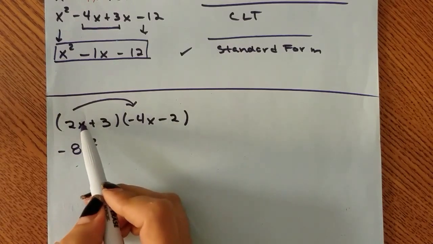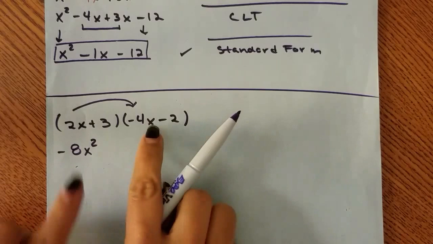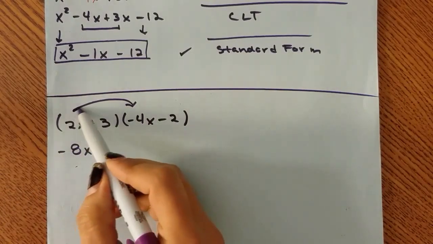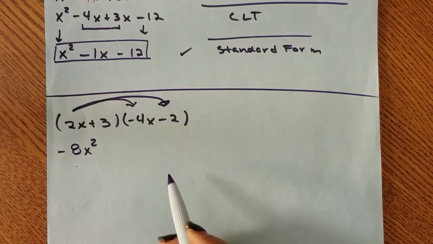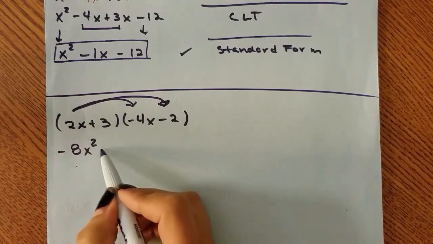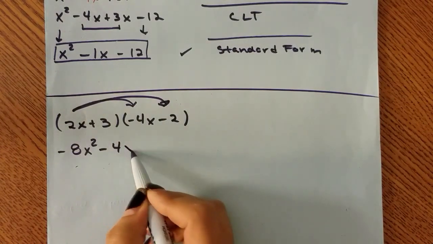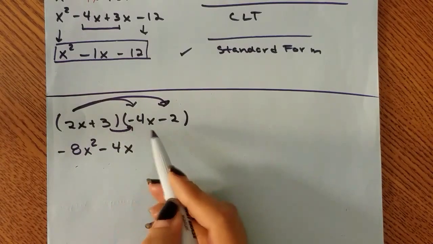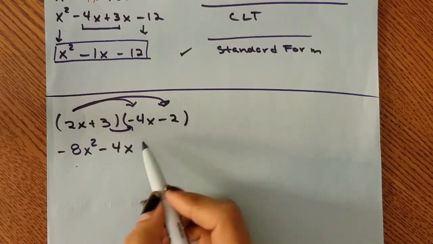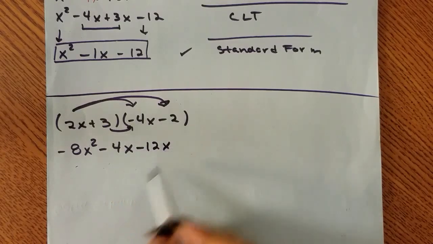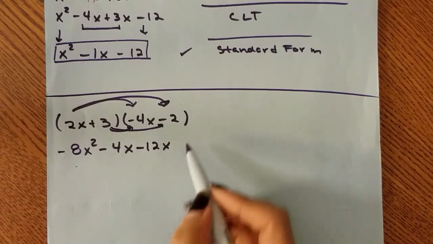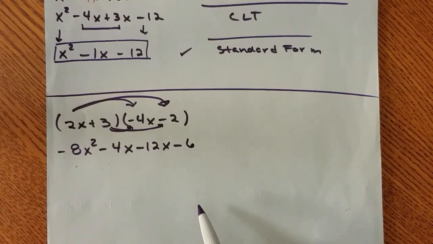Don't forget that when you multiply these two variables, it becomes x squared. Next, we have 2x times negative 2. So 2 times negative 2 is negative 4, and the x is going to come down. Our inner terms, 3 times negative 4x. So 3 times negative 4 is negative 12, and the x comes down. And then 3 times negative 2 is negative 6.